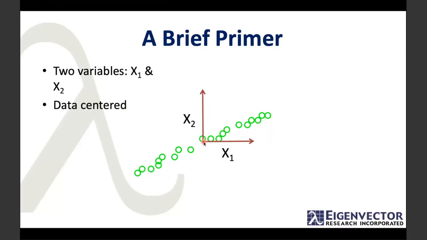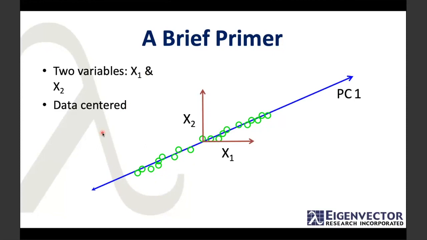So the actual center of our data is the origin of our X1 and X2 axes. And I will postulate here that PC1 is a line that is a particular direction in our data that has a number of helpful and interesting properties.